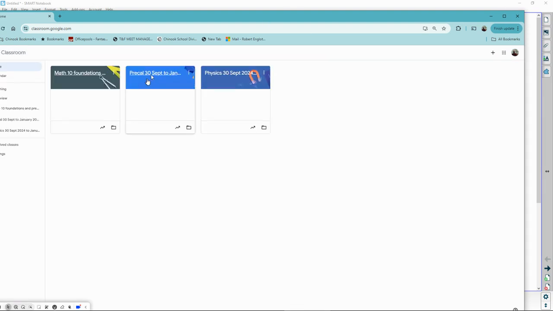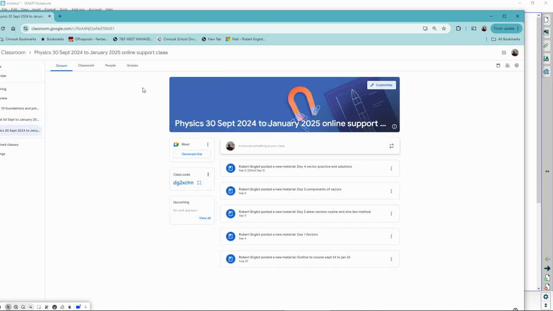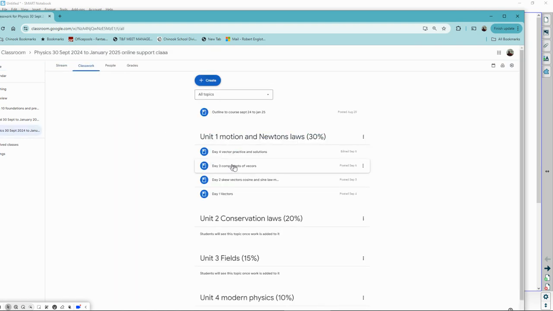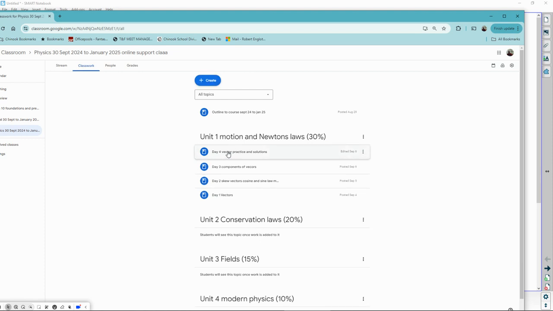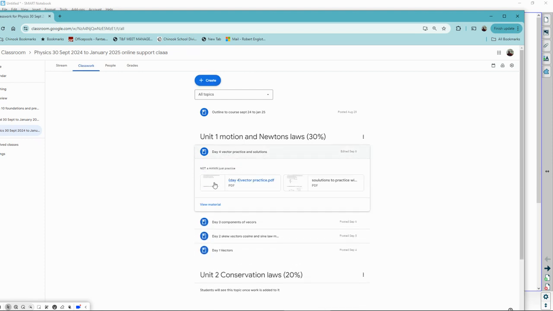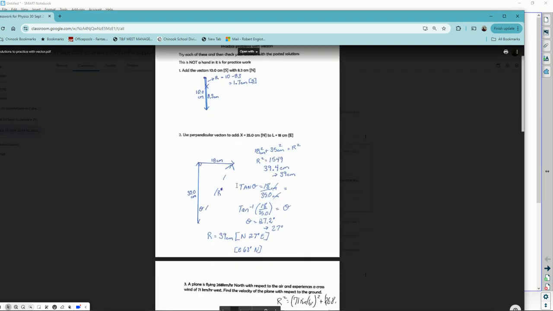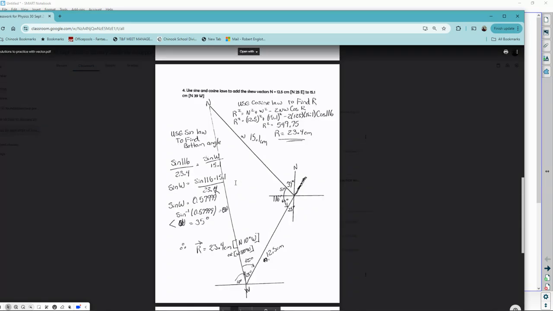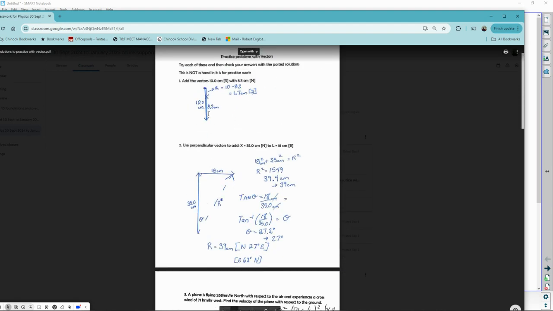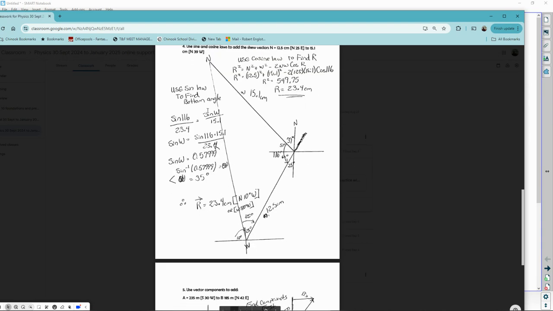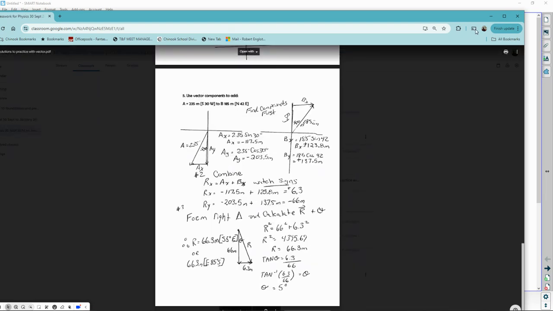Now physics is here, and I put up the work here on day 4. And I'll put a video underneath it for the solution we did as well. But here's the raw data. Here's the solution data right here. So you can check your solutions out. You'll notice that I had to redo this one because I had this backwards when I noticed that yesterday. So there's your solutions. Okay, that's all we're doing today.